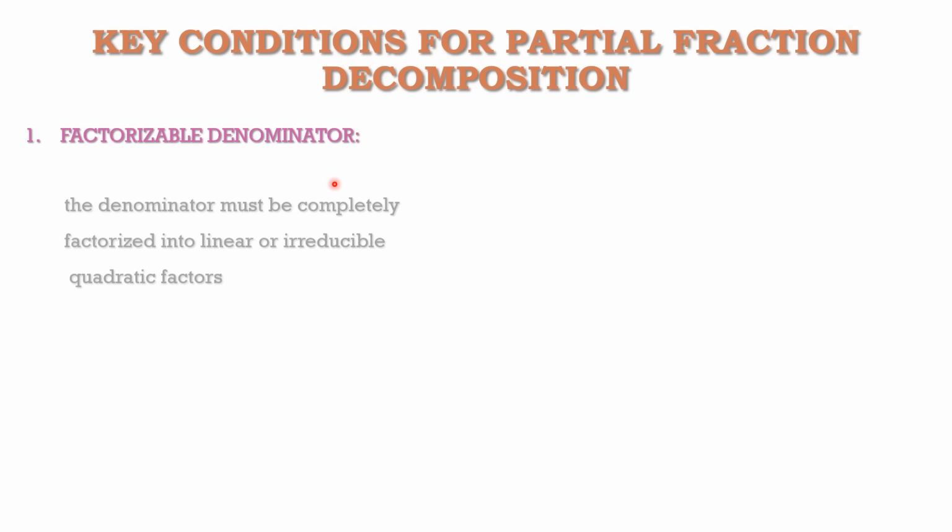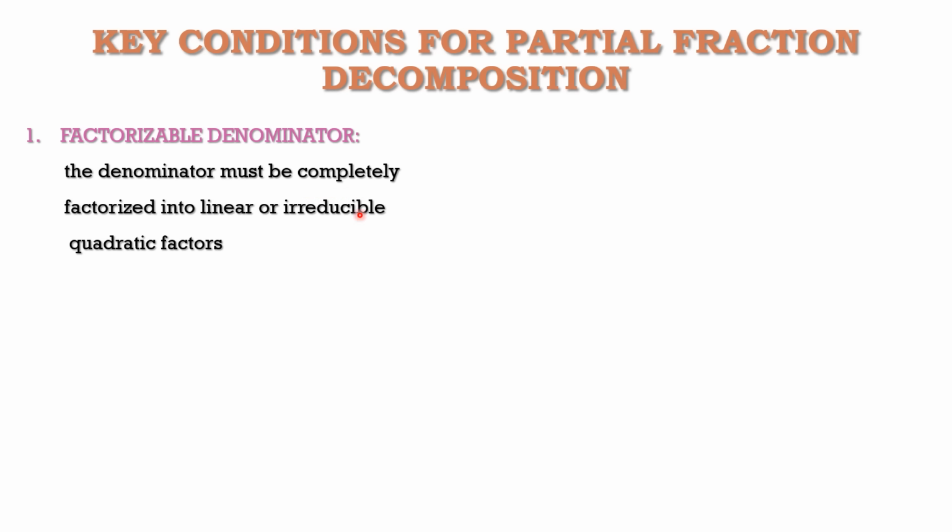Number one, the denominator of that particular rational function is supposed to be factorizable. The denominator must be completely factorized into linear or irreducible quadratic factors.